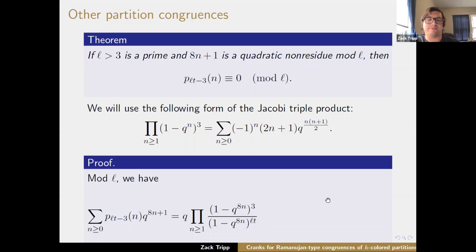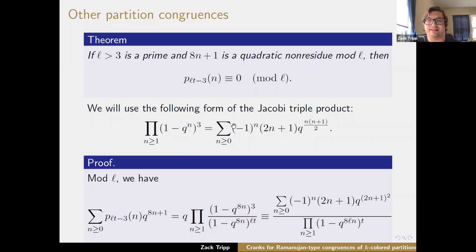And we've broken this up in such a way so that in the numerator, this product looks a lot like the product that's the left-hand side of the Jacobi triple product. So we're going to replace it with this summand. It's not quite the same, only because instead of q to the n here, we have q to the 8, and then we also have an additional q we add in.